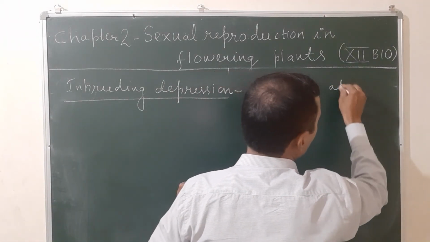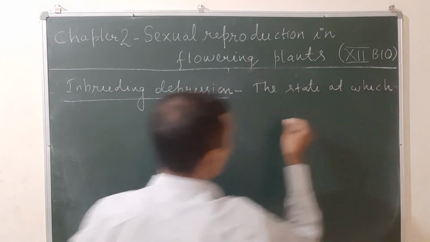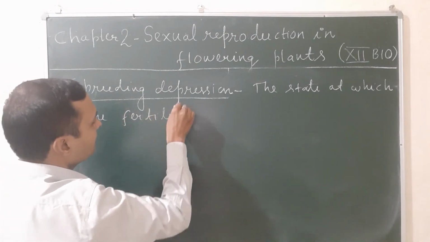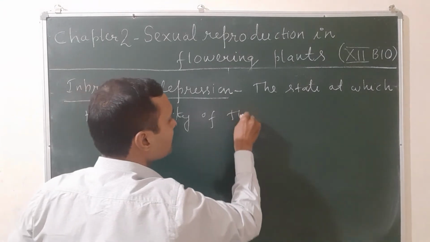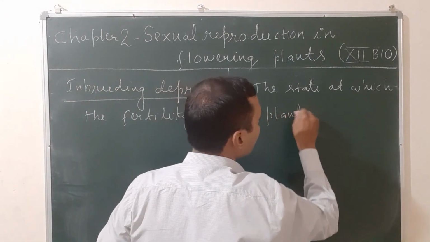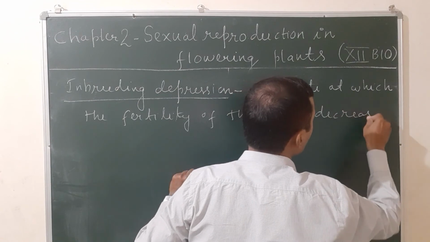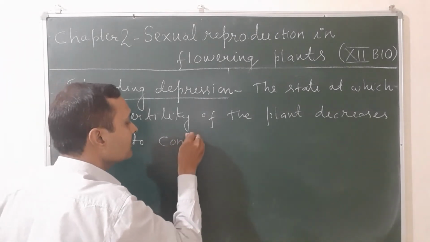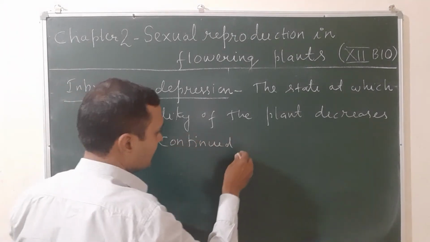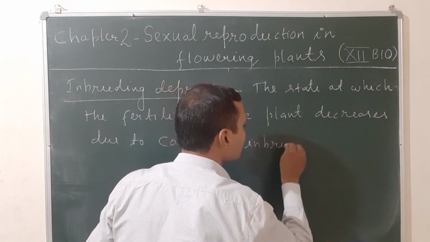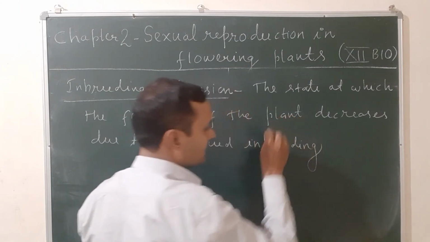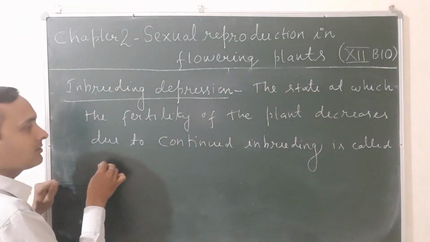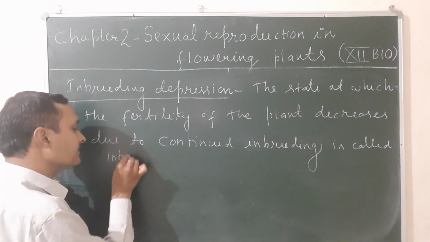The state at which the fertility of the plant decreases due to continued inbreeding is called inbreeding depression.